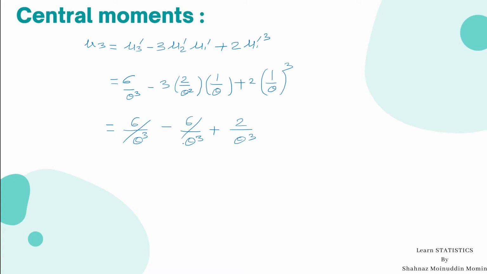This 6 by theta cube gets cancelled, and the third central moment is mu 3 is equal to 2 divided by theta cube, and that is our third central moment.